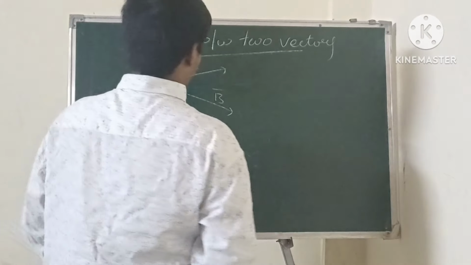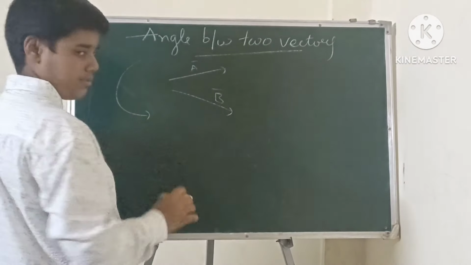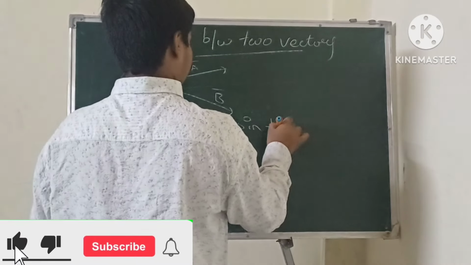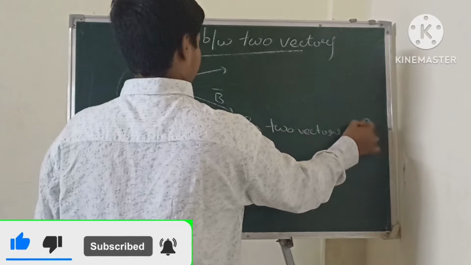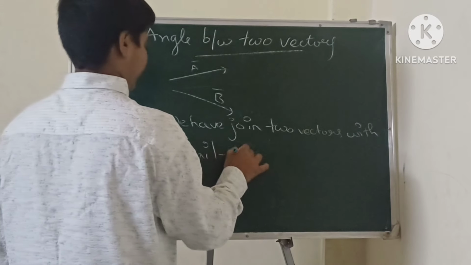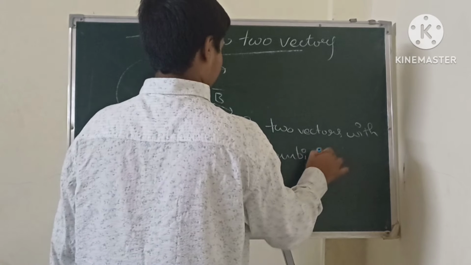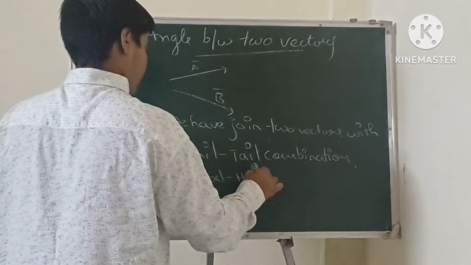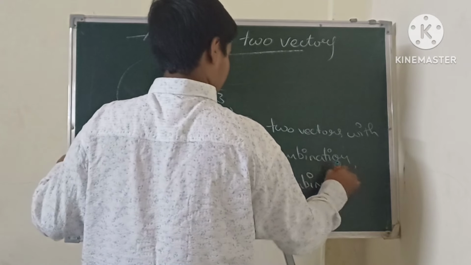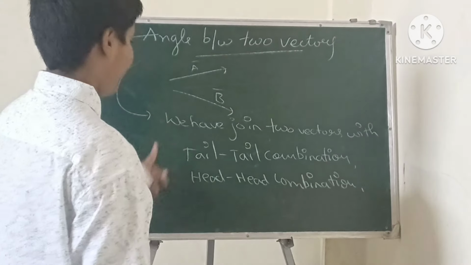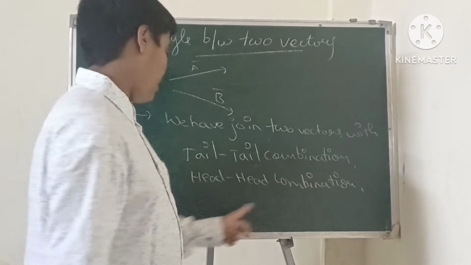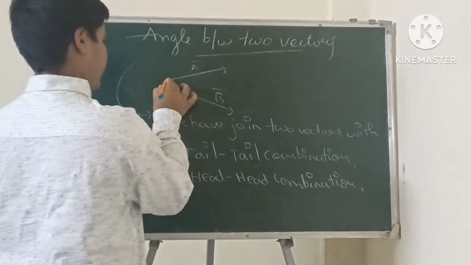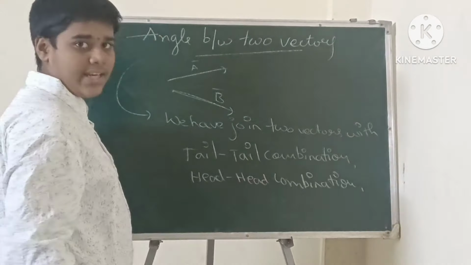To find the angle between two vectors, we have to join the two vectors with a tail to tail combination, or a head to head combination, without changing the direction or magnitude.